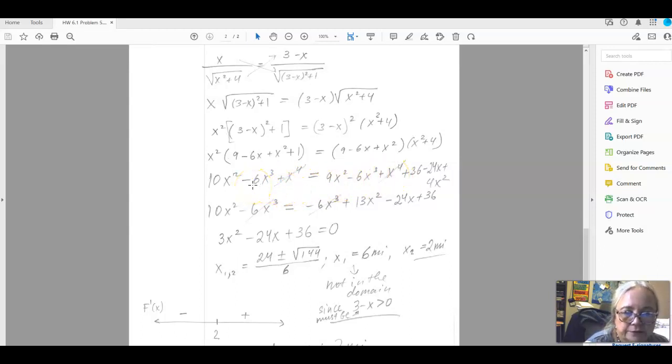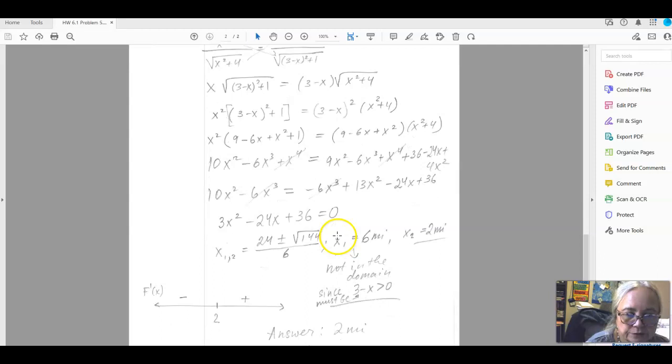Then I added 6x to the degree 3 to both sides, and I don't have any more 6x cubed. Then I have 10x squared equals 13x squared minus 24x plus 36. It's a quadratic equation. I subtracted 10x squared, I got 3x squared minus 24x plus 36.